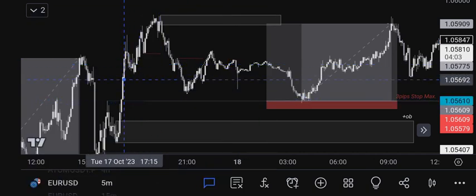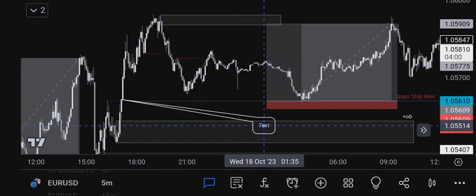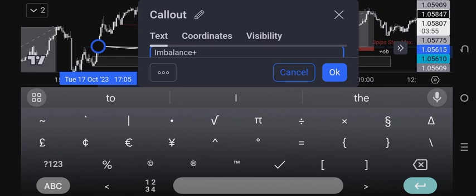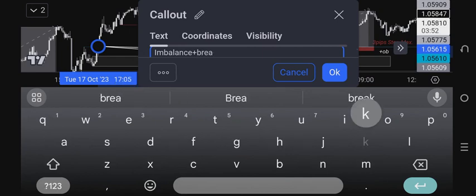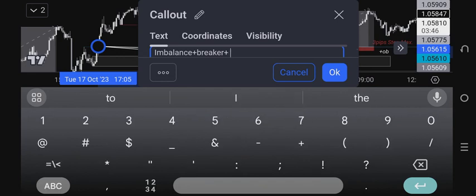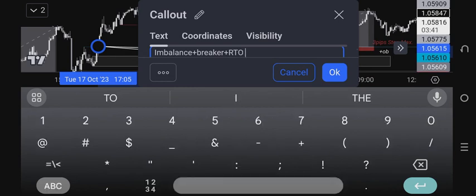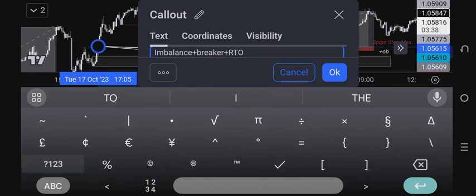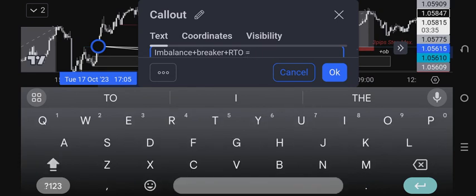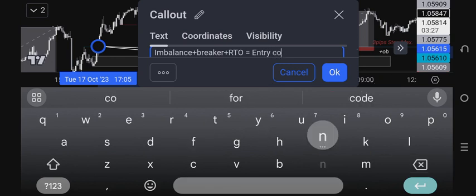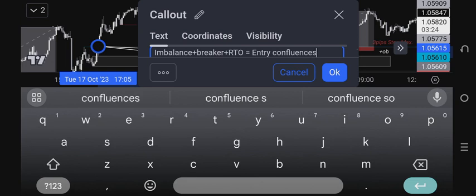So what do we have here? We have imbalance plus our breaker, plus our return to order, equals our entry confluences.